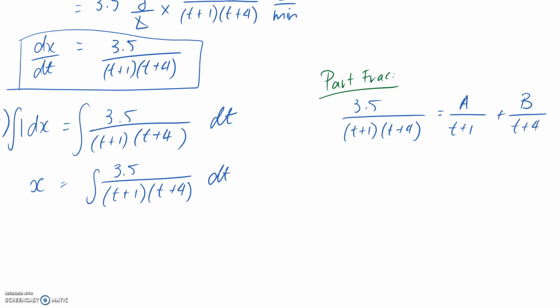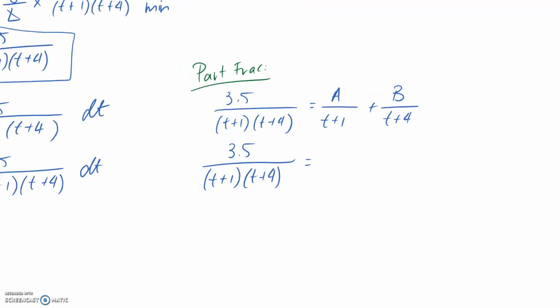So we need to figure out A and B. So how I'm going to do that is I'm going to get a common denominator across everything. So the common denominator is going to be this one here, (t plus 1)(t plus 4). So if I want this one to have (t plus 1)(t plus 4), I'm going to need to multiply by the t plus 4.